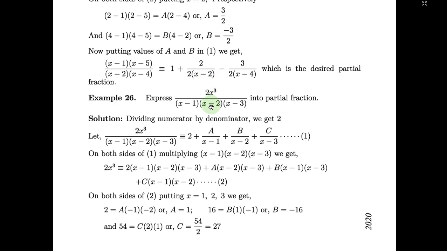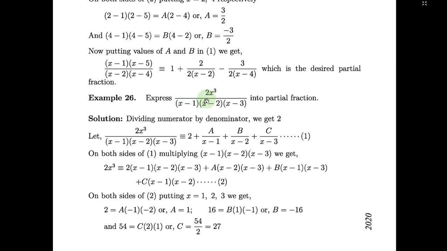Now we will start discussing this fraction, example 26. Here, 2x cubed divided by (x minus 1)(x minus 2)(x minus 3). This fraction needs to be converted into partial fractions. If you multiply out the denominator, the highest degree will be x cubed, with coefficient 1.